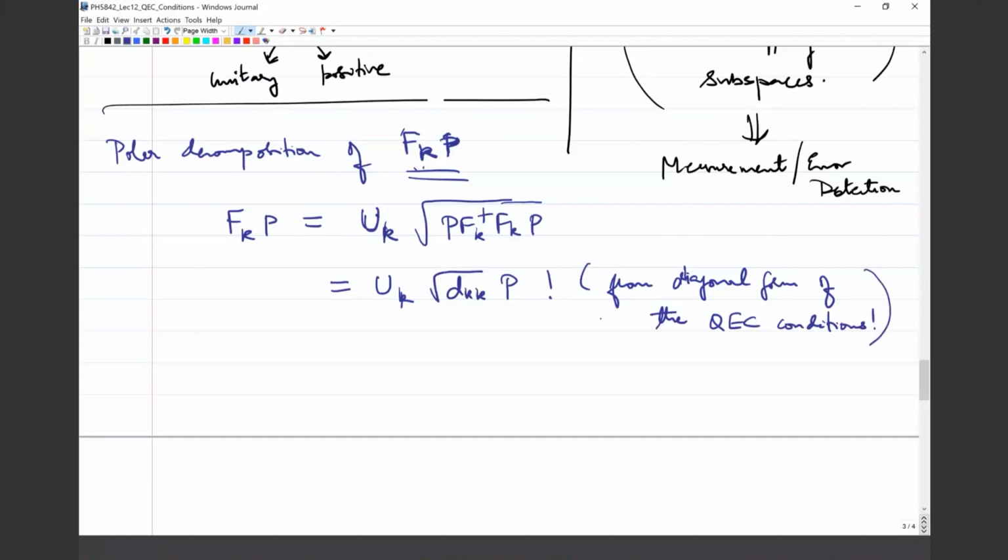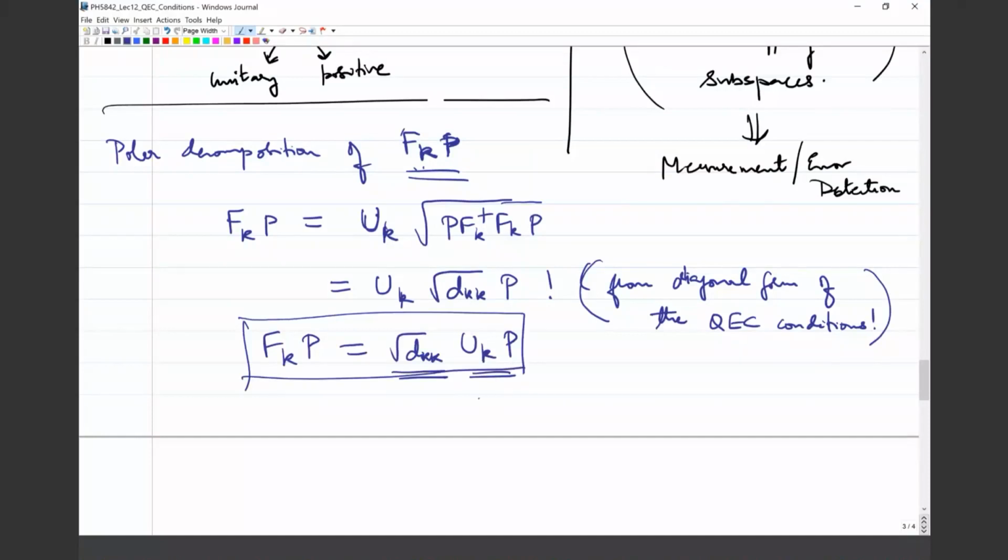So now you realize that the action of every error operator is indeed a unitary of the form U_K up to this number. So it's essentially a scaled unitary operator.